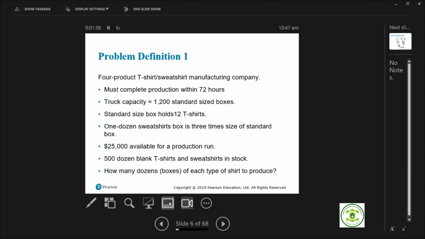The truck that is going to load the t-shirts for distribution has a maximum capacity of 1,200 standard size boxes. So it's a constraint. Then a standard size box holds 12 t-shirts. Another constraint: 1 dozen sweatshirts box is 3 times the size of a standard box. It's a constraint.